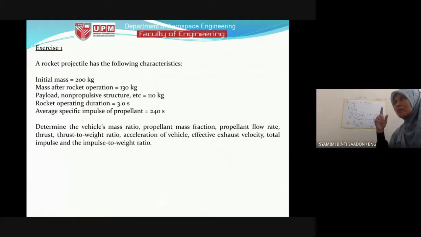Kilogram meter per second square. So here we have only seconds, specific impulse in seconds. So we need another parameter which can complete the calculation of the thrust force. So what are we going to use?